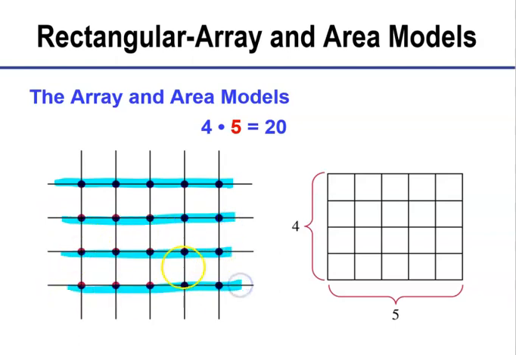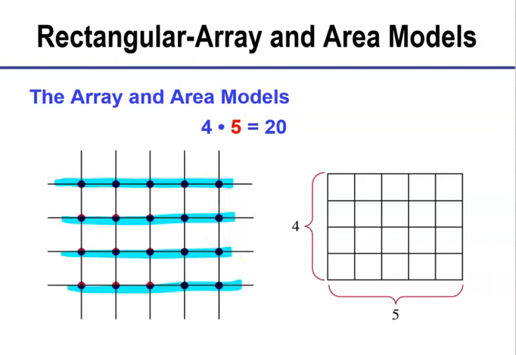So again, we have 4 rows of 5. And to get to 20, you'll notice our intersections are made with dots, and if we count those dots, that'll give us 20. So 1, 2, 3, 4, 5, 6, 7, 8, 9, 10, 11, 12, 13, 14, 15, 16, 17, 18, 19, 20. Or, to reinforce the fact that this is 5s, 5, 10, 15, 20.